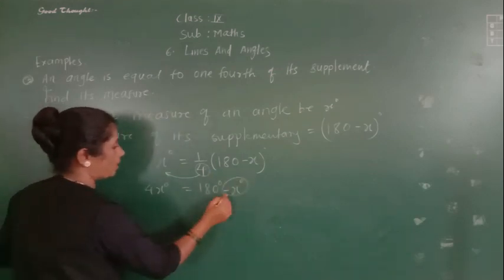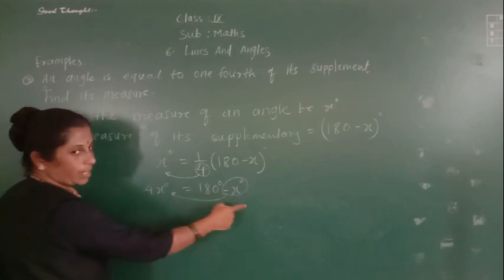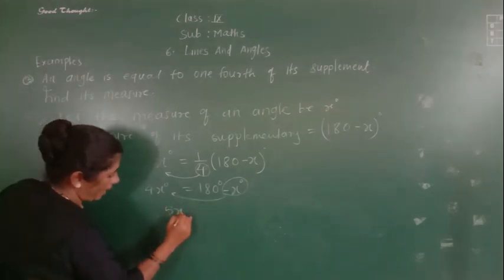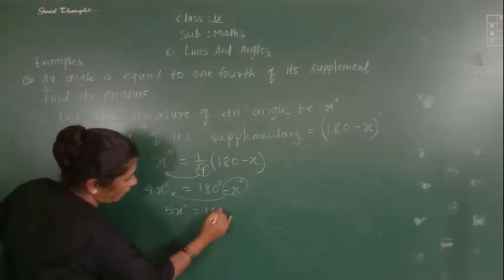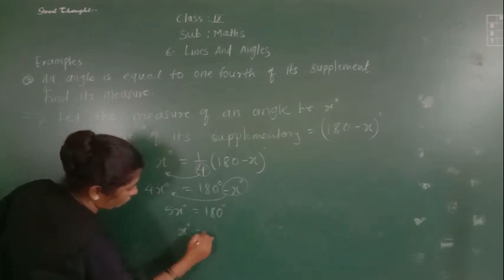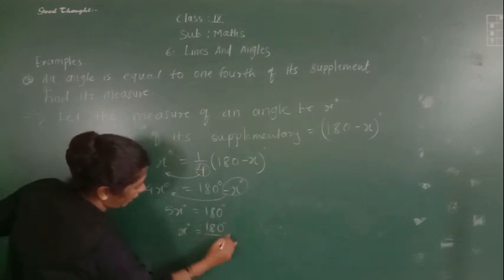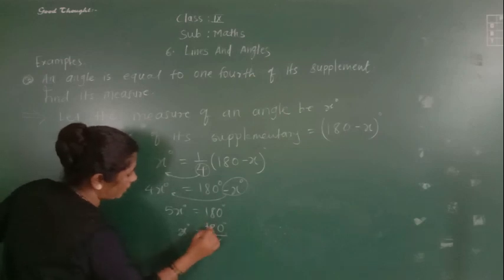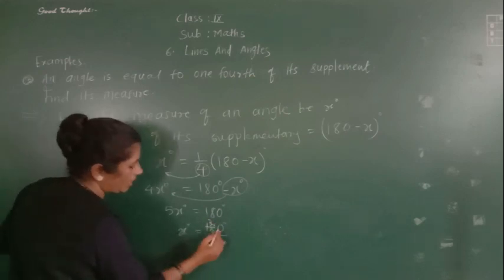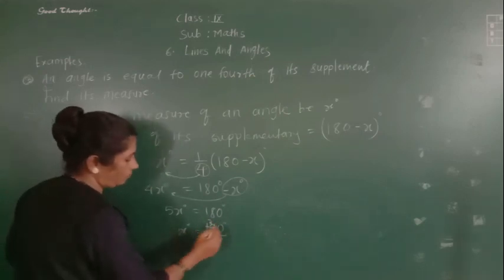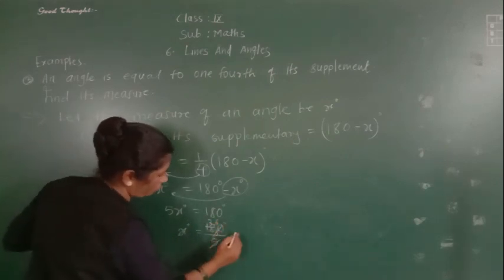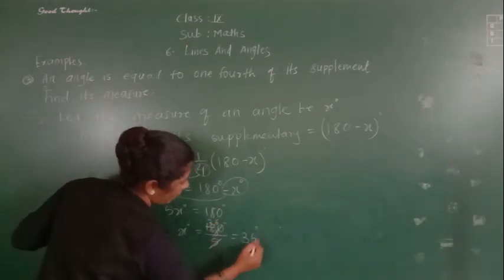So this minus x will come to here. So 4x plus x, 5x degree equals 180 degree. So x degree equals 180 divided by 5. 5 threes are 15, right? Then 3 is remaining, 5 sixes are 30. So you will get 36 degree.